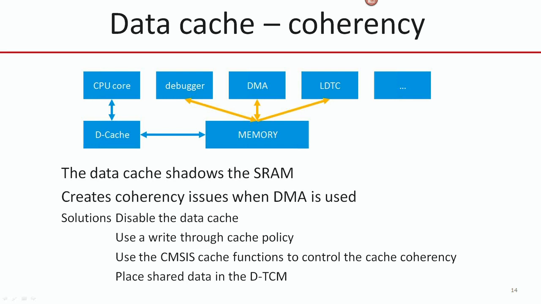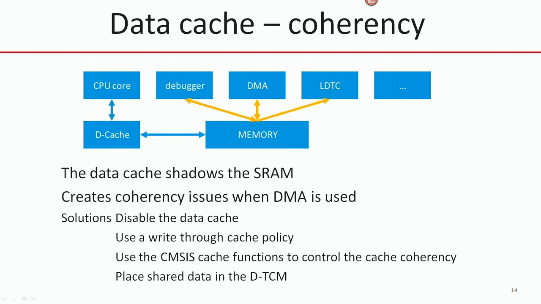The simplest of these is to switch off the cache, which is often something we might do in the early stages of development when we're getting familiar with the device, but then we're not getting the best performance. Once we've enabled the cache, we can also change the different cache policies so that the physical memory is updated whenever we write to the data cache, by using a write-through cache policy.